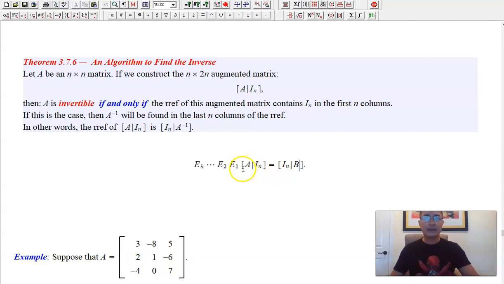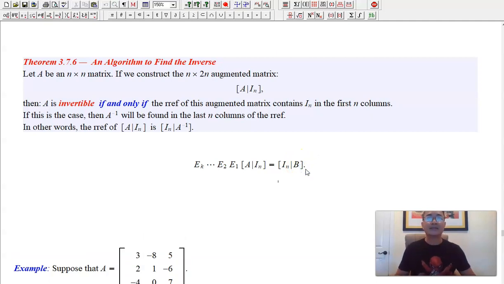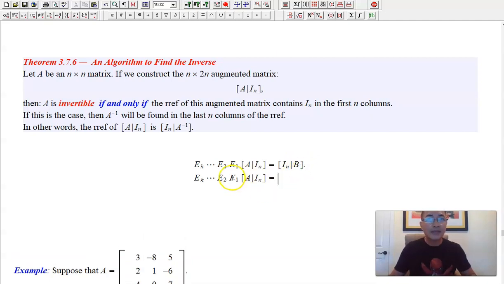Okay, but now, what did we say? Multiplying by E1 is the same as performing the row operation. Okay, but how would you multiply this matrix by E1? Well, we know how to do it column by column, right? Correct. So therefore, what we have on the left over here can be rewritten as, yes, I can put it over here. I can put the E1 inside the product. Okay, so E1 on the left part and also E1 on the right side.